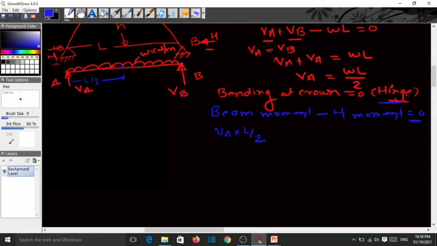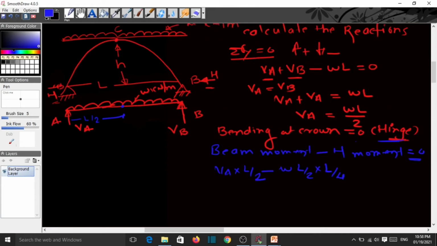This is positive, and this hogging bending moment is minus w into L by 2 into L by 4, and then minus the H moment, that is the bending moment here. So this is H into the rise H, and this always creates the hogging bending moment. So we can write minus H into h is equal to 0.